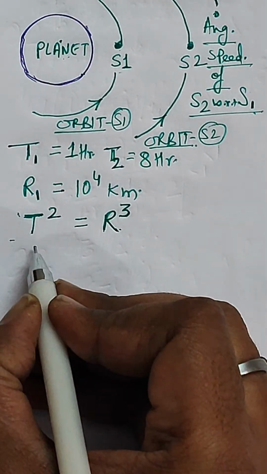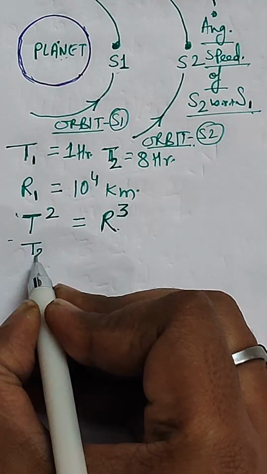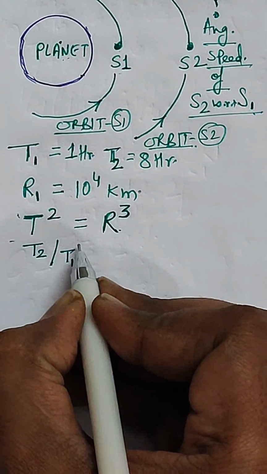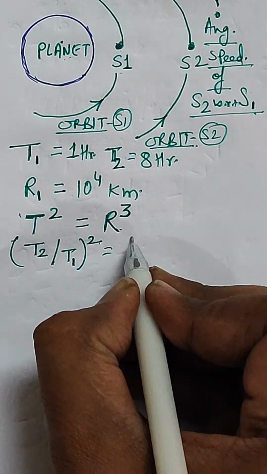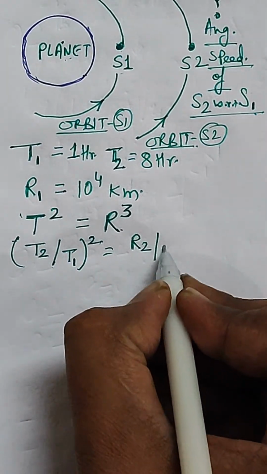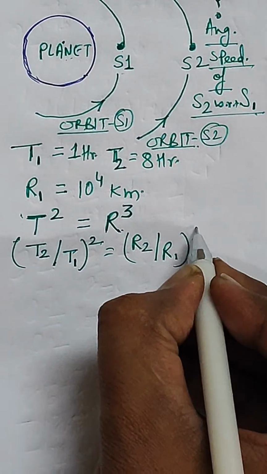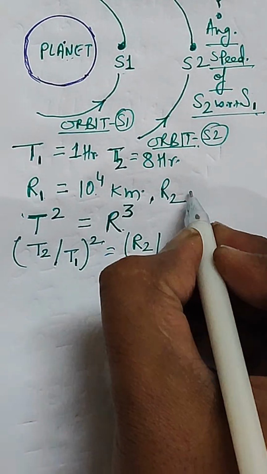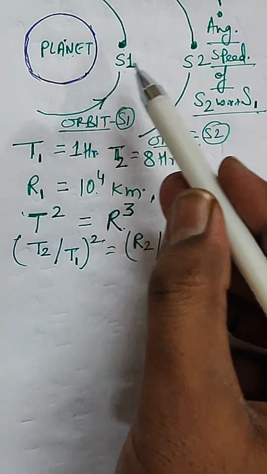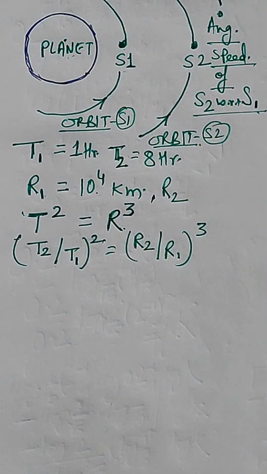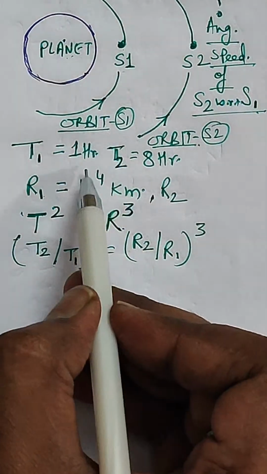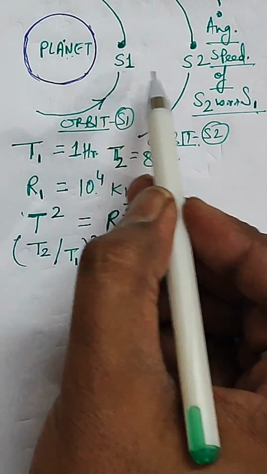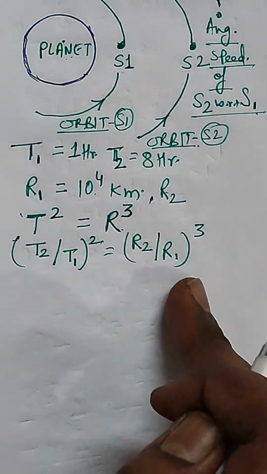Applying this relation, we can write that the ratio of T2 by T1 whole square is equal to R2 by R1 whole cube, where R1 and R2 are the radii of the orbits of both the satellites S1 and S2, right?